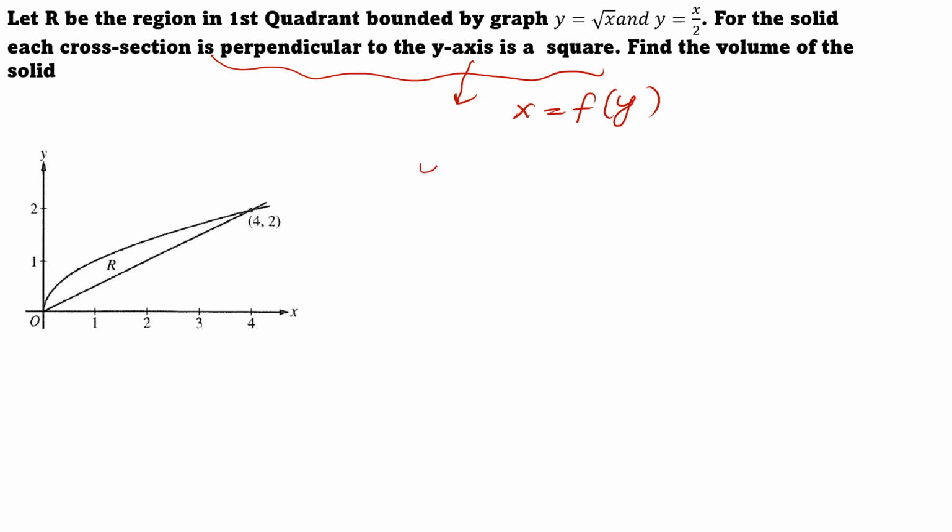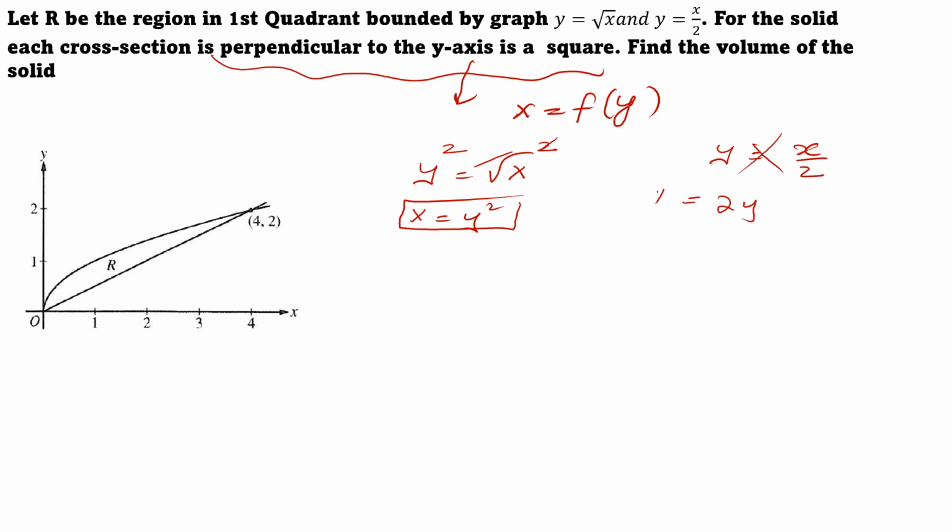So the first equation is square root of x. Write it in the form of x equals, so for that reason you have to square both sides. You will get x equals y square. For the second equation, y equals x over 2, cross multiply and you will get 2y equals x.